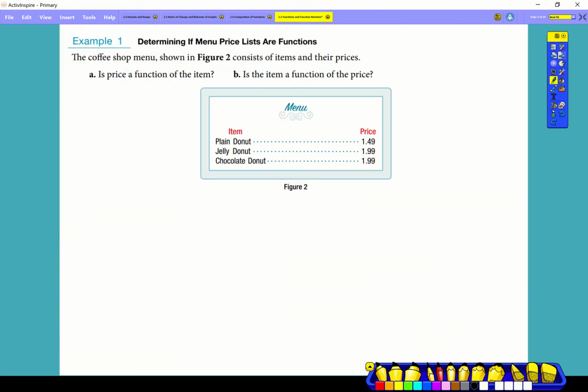So example 1: determine if menu price lists are functions. Is price a function of the item? Let's make some lists here.